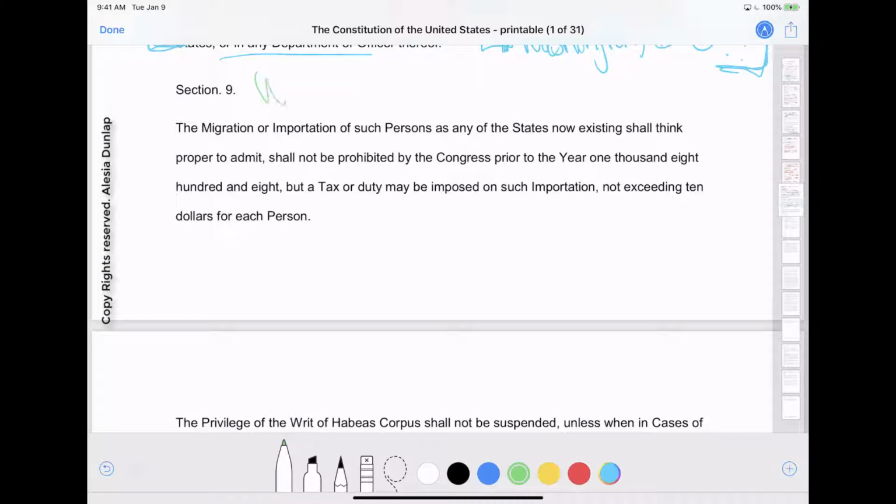What Congress can't do. What can't they do? Congress can't stop states from importing people until 1808, but it does have the right to tax states as much as $10 per imported person.